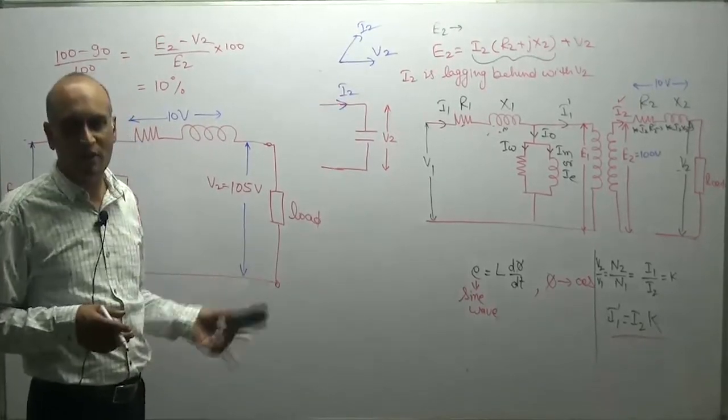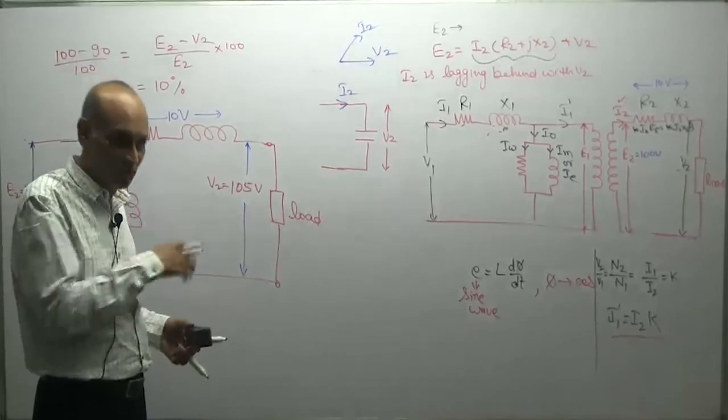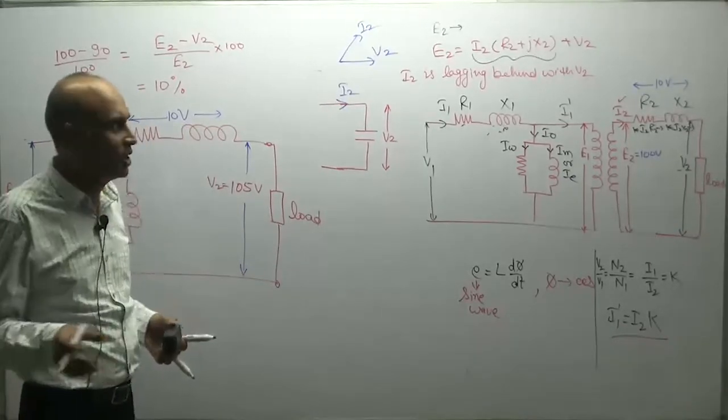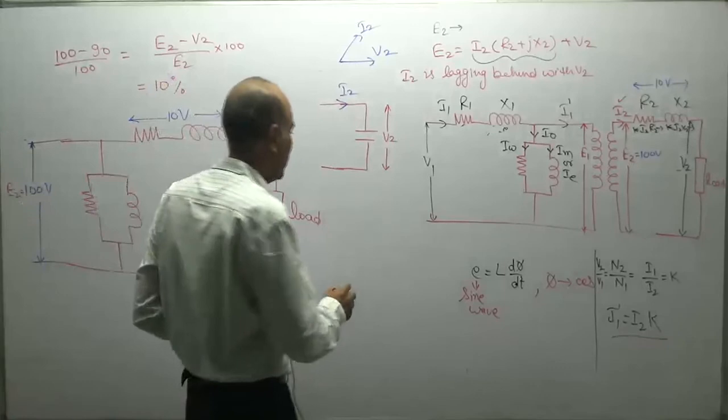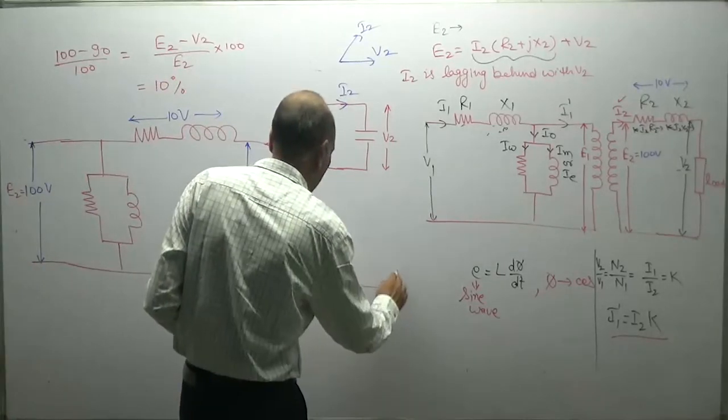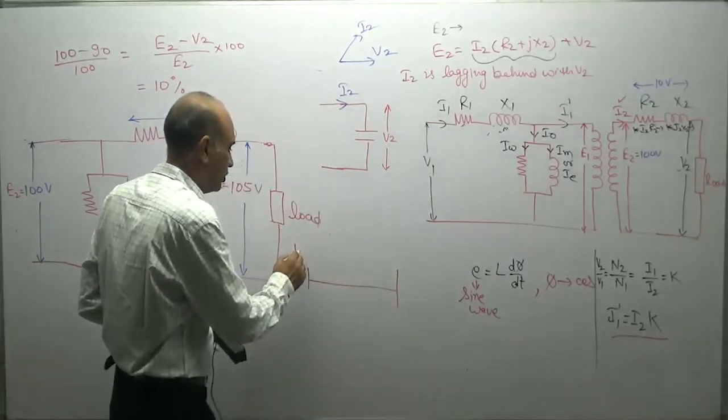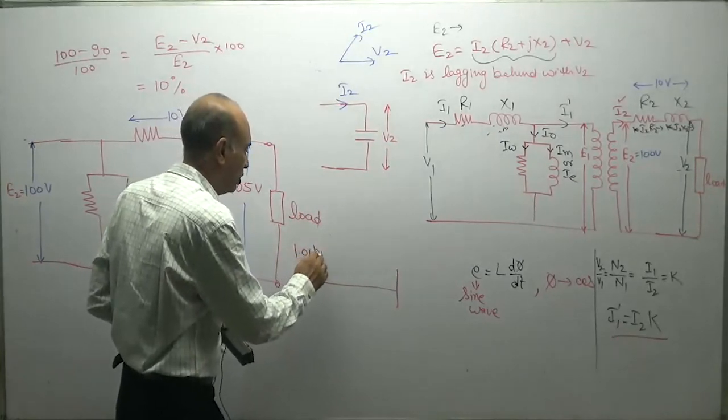I am not teaching you power system, otherwise I can explain a lot of things. In the power system, you might have studied that. Suppose it is 1.01 per unit volt.